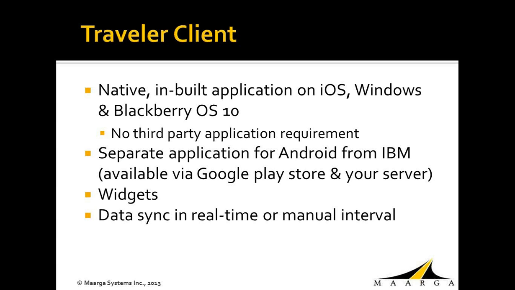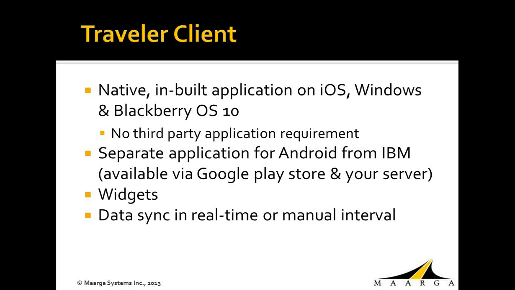You don't need to download or install any third-party application to access your Notes mail, calendar information, and contacts on your iOS, Windows, or BlackBerry OS 10 devices. And legacy BlackBerry below 10 is not supported by Traveler.